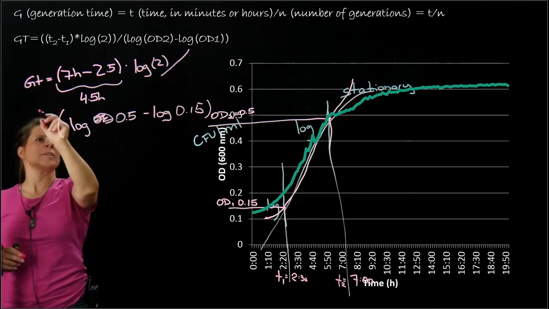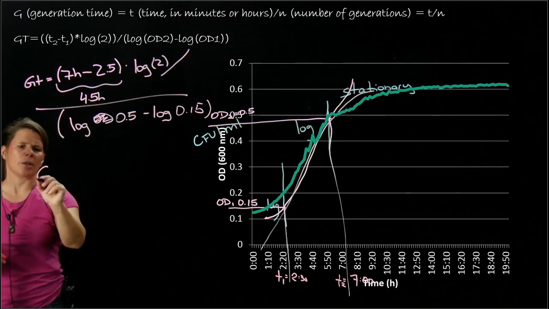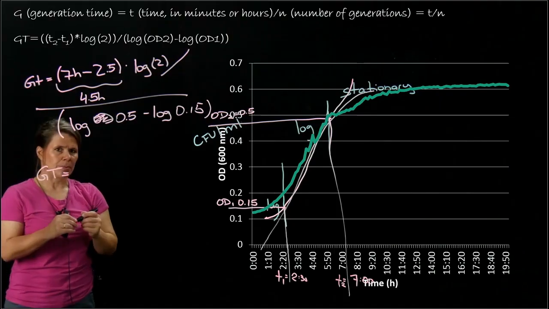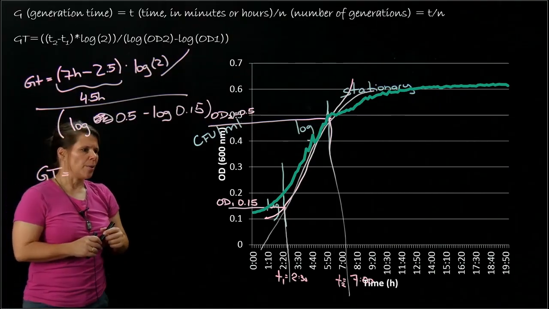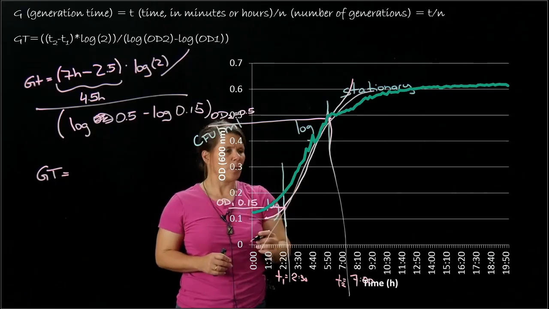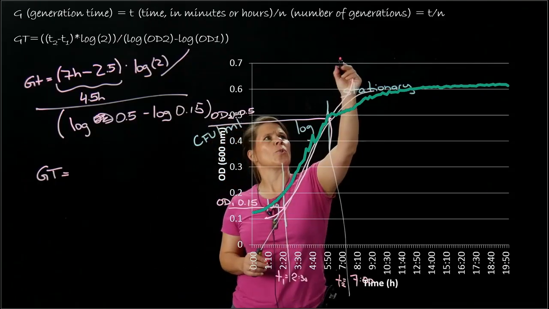And then you calculate this, and you get your generation time. Going back to your graph, you can see that this example growth rate was your control.